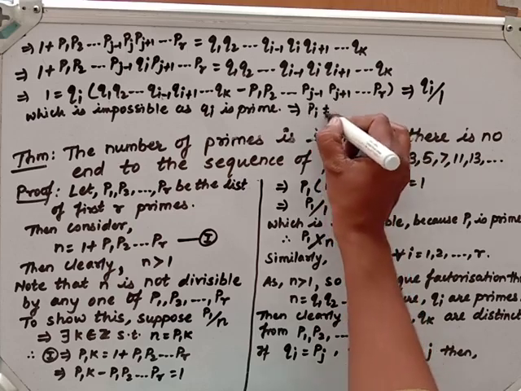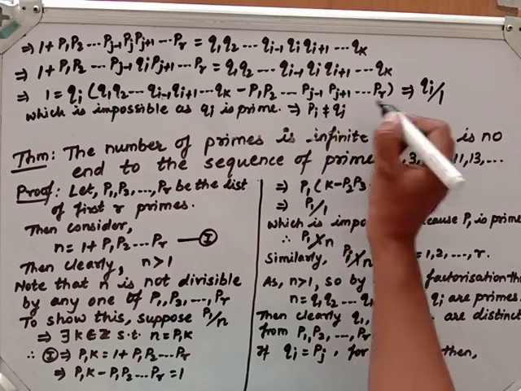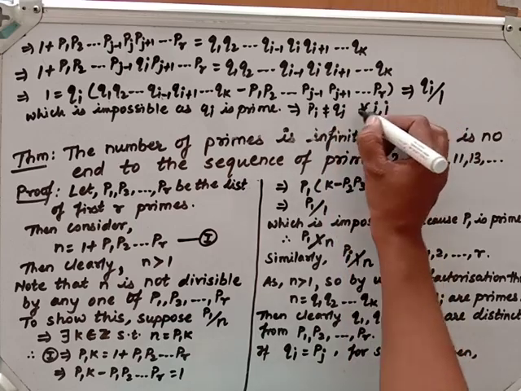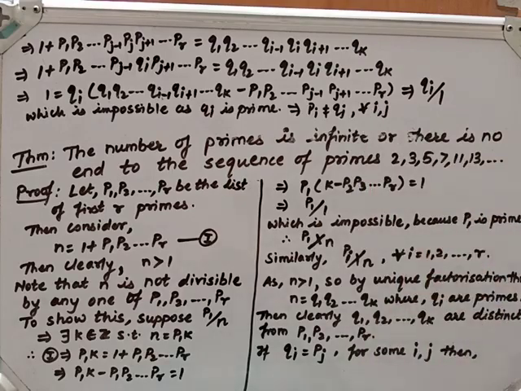So this says Pi's are not equal to qj's for all i and j. These are not same. Therefore, what can we say? This shows that there exist more than r primes. Thus, there are infinitely many primes.